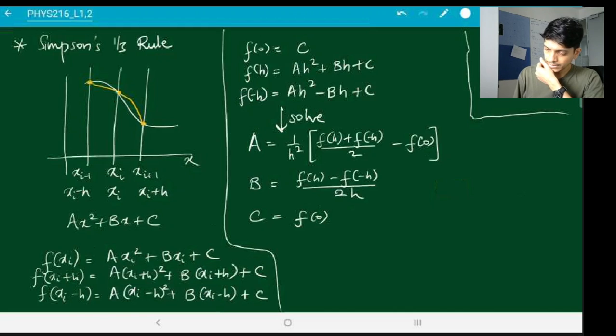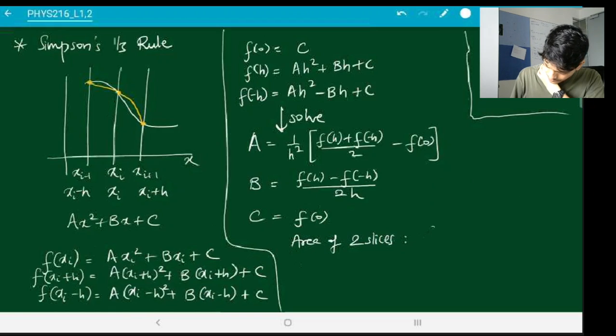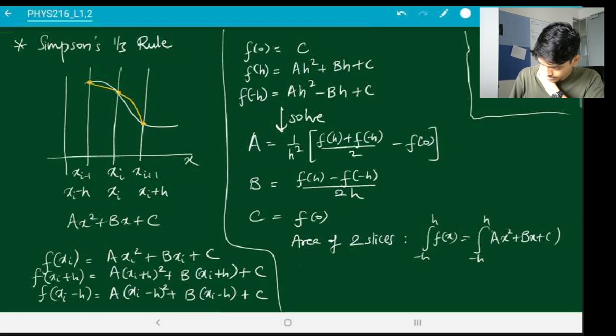So now the area of these two slices defined by this quadratic function is just the integral of f of x from minus h to h, which is the integral of a x square plus bx plus c.